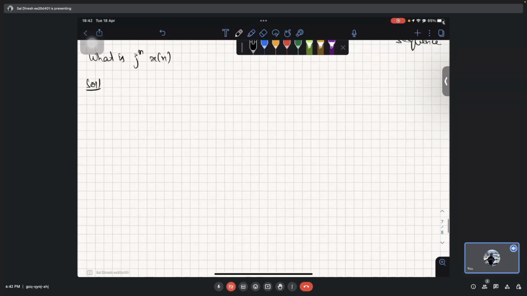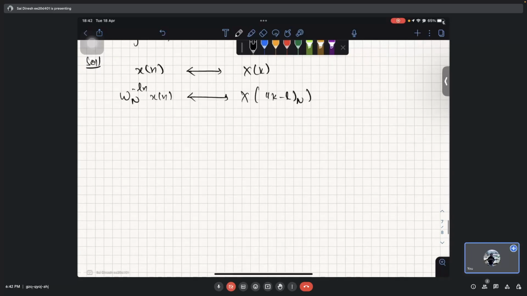Solution: we know that if x of n and X of k are a DFT pair, then W_N to the power minus ln times x of n causes a periodic circular shift of L samples. Now j is equal to e power j pi by 2.